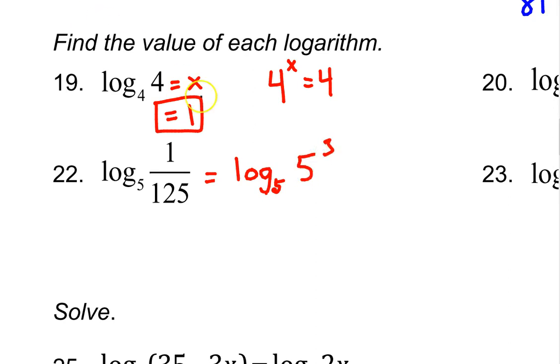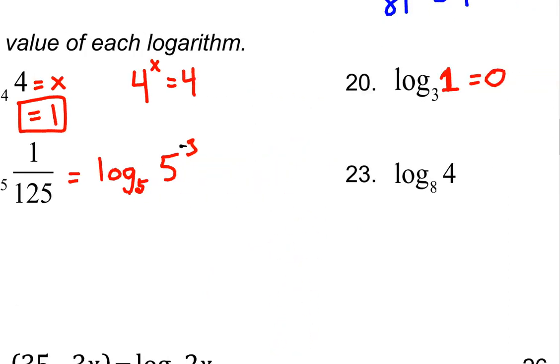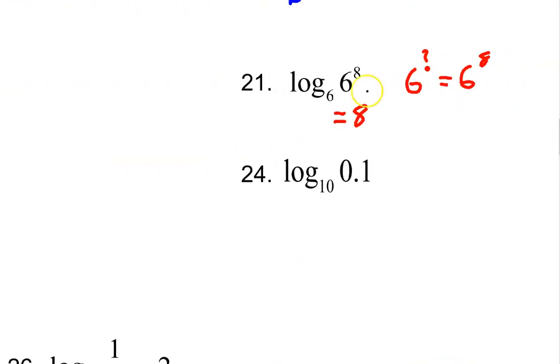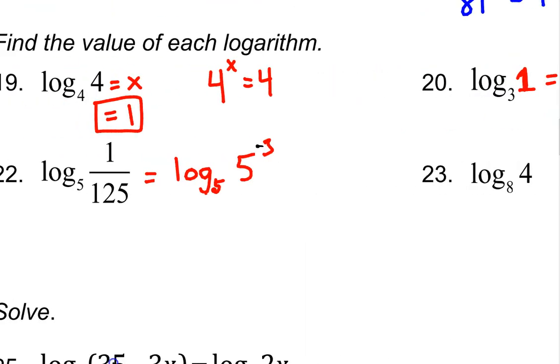But remember, this is a fraction, 1 over 125, so that would be negative 3rd. So this is like the last one we did, when we have an exponent, like right here, whatever that exponent is will be our answer.